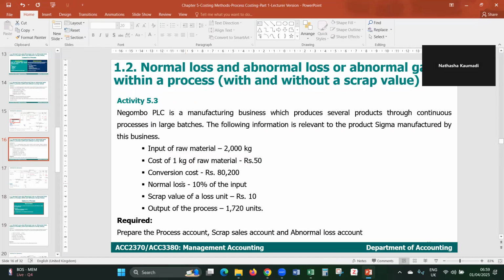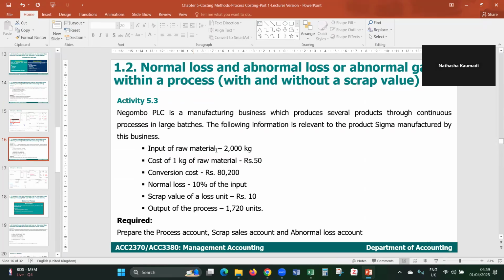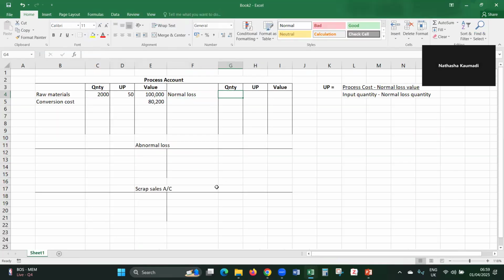And then we have normal loss, 10% of the input. When you have normal losses, you put it here, normal loss, it's a credit. The quantity we can take as 10% of the input, which means you multiply 2000, your input, by 10%, which is 200. Okay. I told you, usually you don't have a value for normal loss.